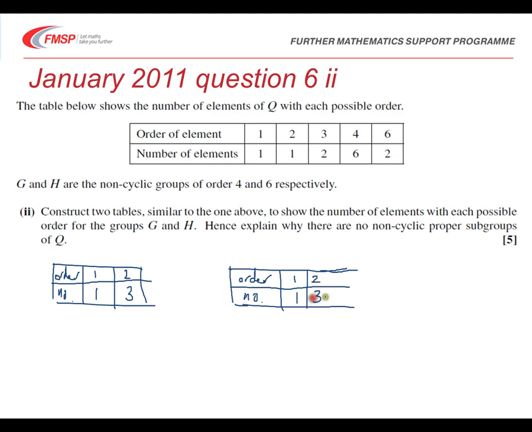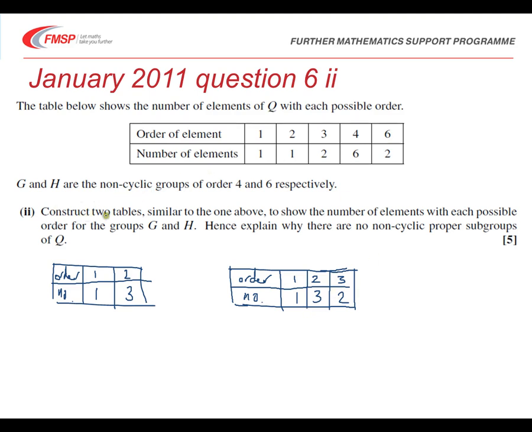So there's 3 elements with order 2 and 2 elements with order 3. So this and those together make your cyclic subgroup of order 3, or your only group of order 3, and these 3 are self-inverse. Again, if you're unsure on this, go back to your notes. You should know this subgroup and you should be able to draw out this type of table for it. So look for that in your notes if you're unsure on that.